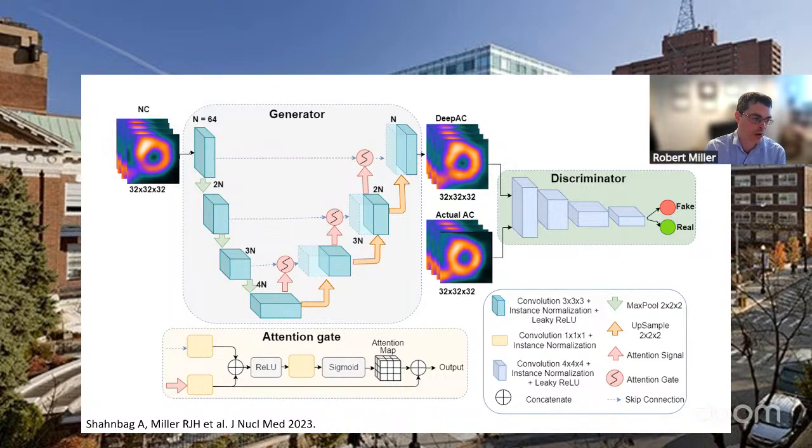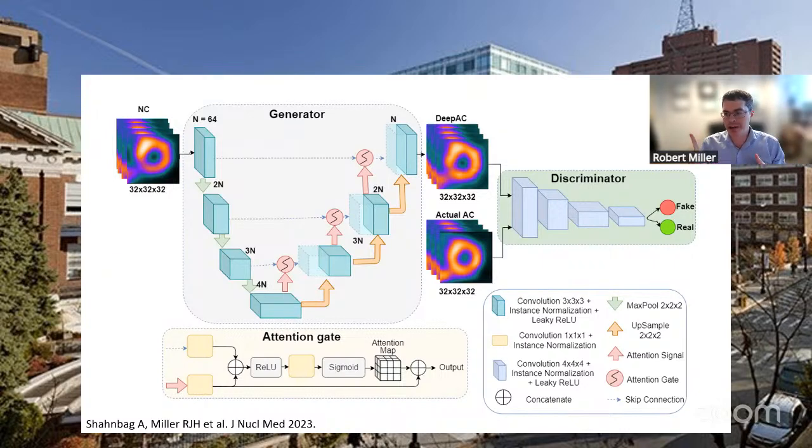So this is work we did again with a generative adversarial network. The idea behind a GAN is that you have two models that are trained in parallel. Here the generator is a modified UNet, and it's creating simulated AC images, or deep AC or synthetic AC.